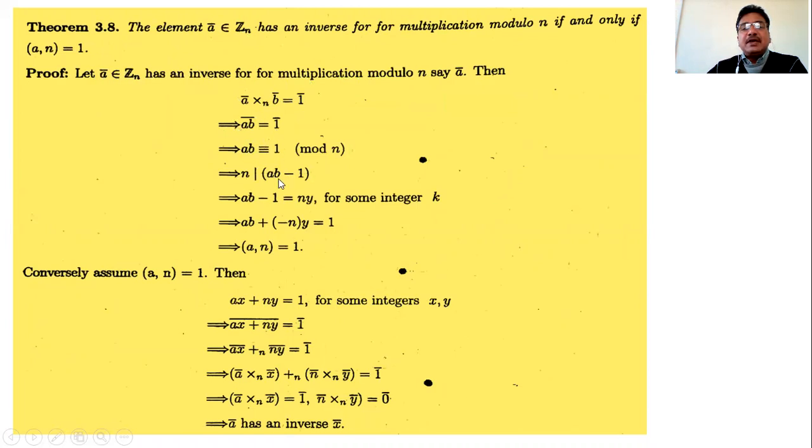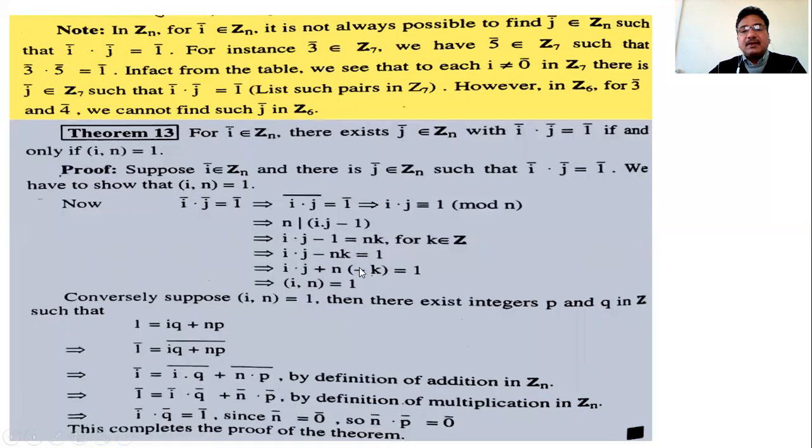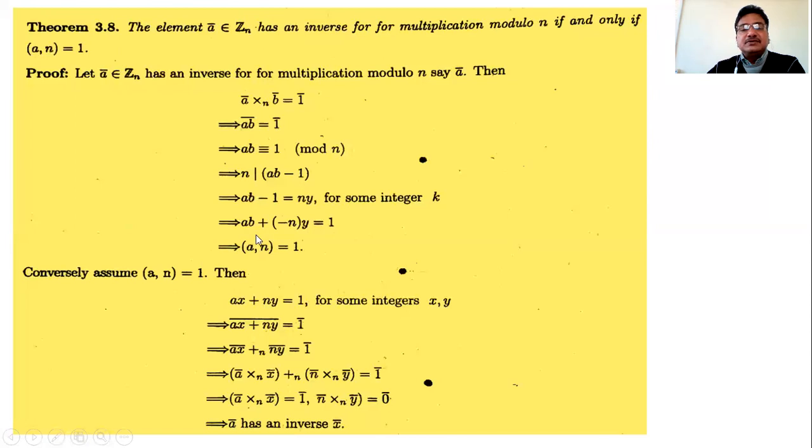Then n divides ab minus 1, and ab minus 1 is expressed in the form n into some integer, for some integer y. Then we have ab minus ny is equal to 1, and therefore the greatest common divisor of a and n is 1.